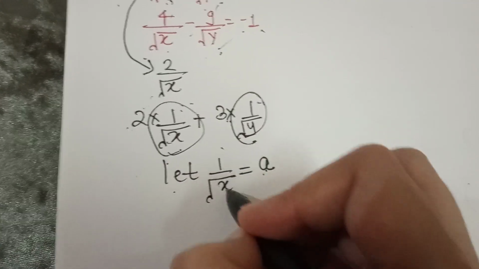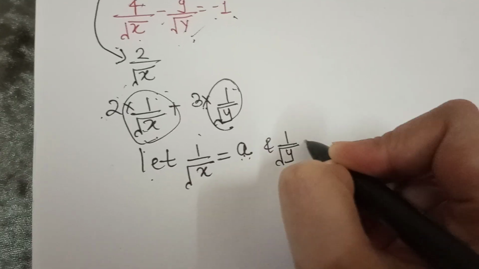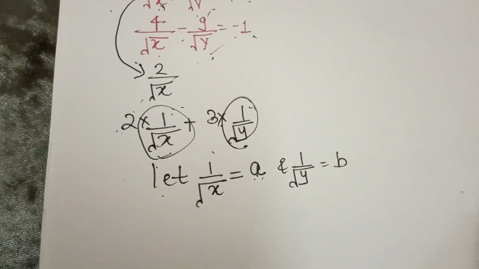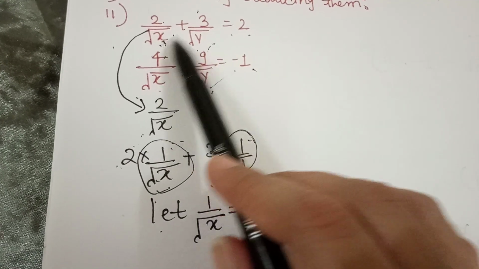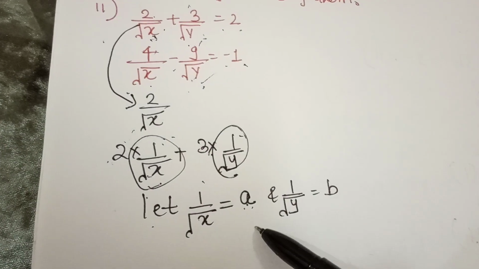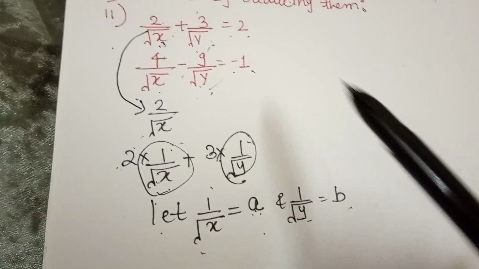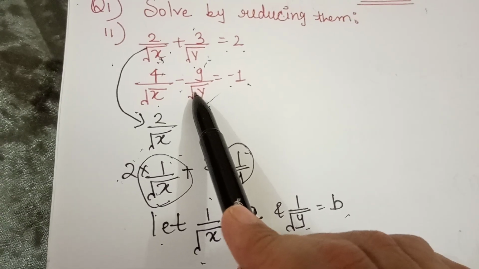So let 1 upon root x be equal to a and 1 upon root y be equal to b. Now we will change the values of 1 upon root x and 1 upon root y in both the equations. We will keep a and b in place of them. Then these complicated equations will be converted into simple equations. Clear? So let's start.